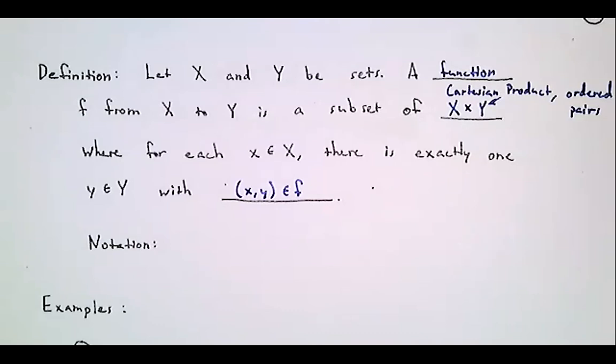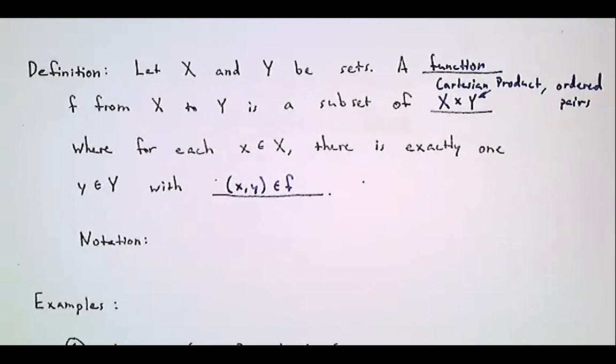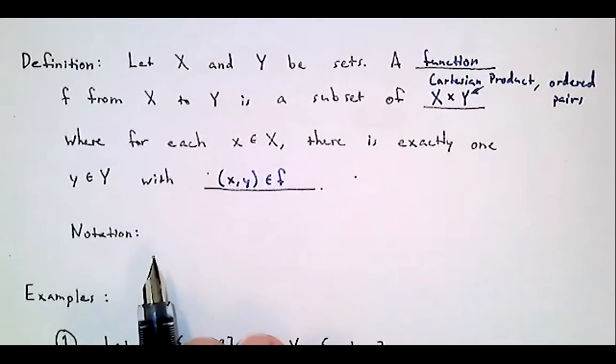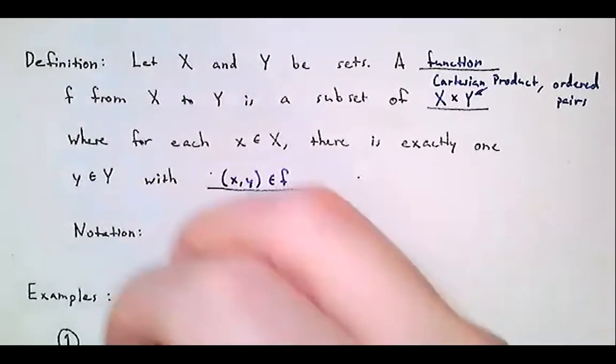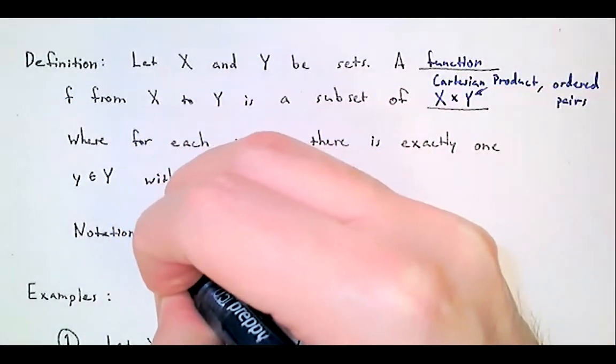Okay, so this definition is very different from the kind of definition that you might be used to, where you think of a function as a rule, but it does relate back to the other idea, as we'll talk about going forward. So one thing before we do any examples is that we should talk about notation.